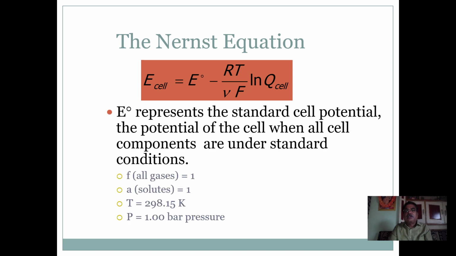E0 represents the standard cell potential, the potential of the cell when all cell components are under standard conditions. For all gases, activity will be 1. For all solutes, activity will be 1. Temperature 298.15 Kelvin. Pressure is equal to 1 bar.